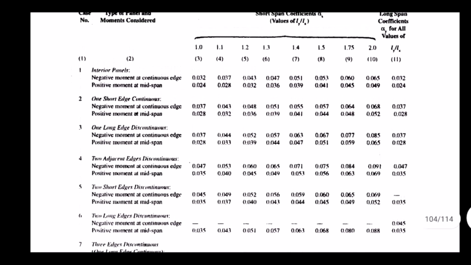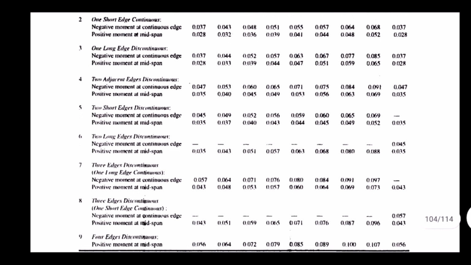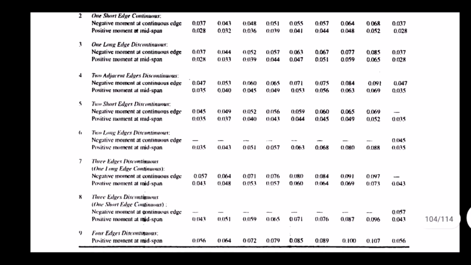If any condition is not given in the question, we have to consider any condition among these 9 conditions. Generally, if the support condition is not given in the question, we consider number 9, 4 edges discontinuous.